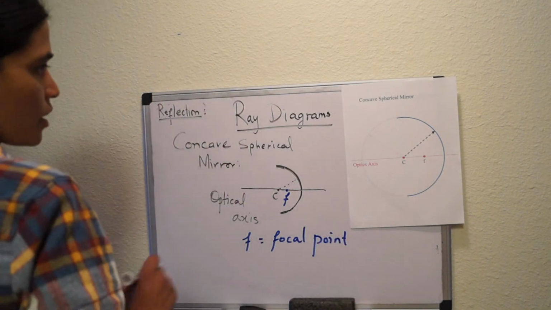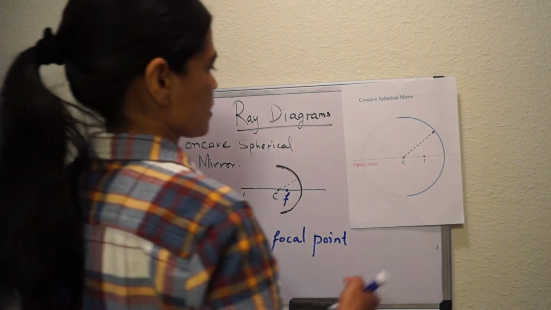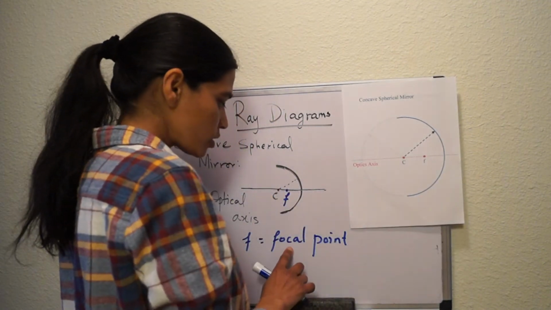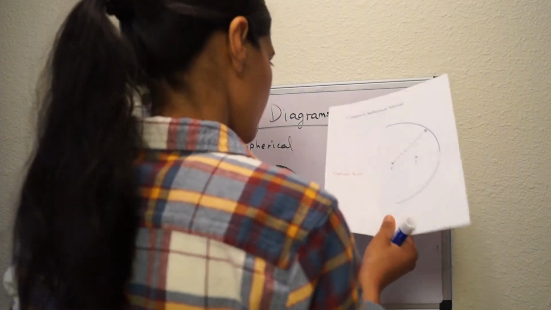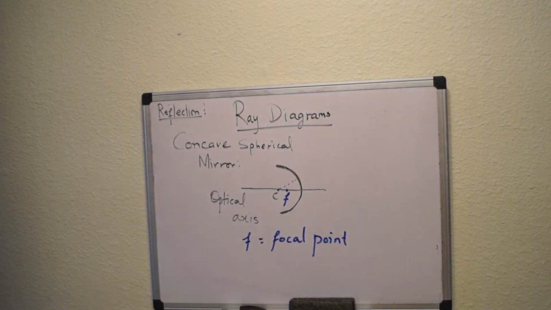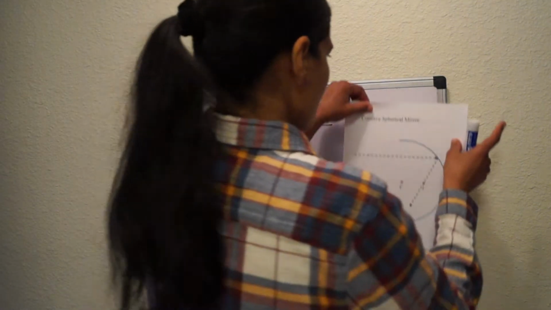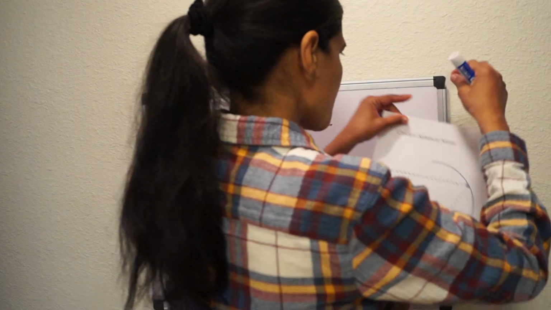Okay, so what does this focal point mean? Focal has something to do with focusing, right? This focal point has a special property.